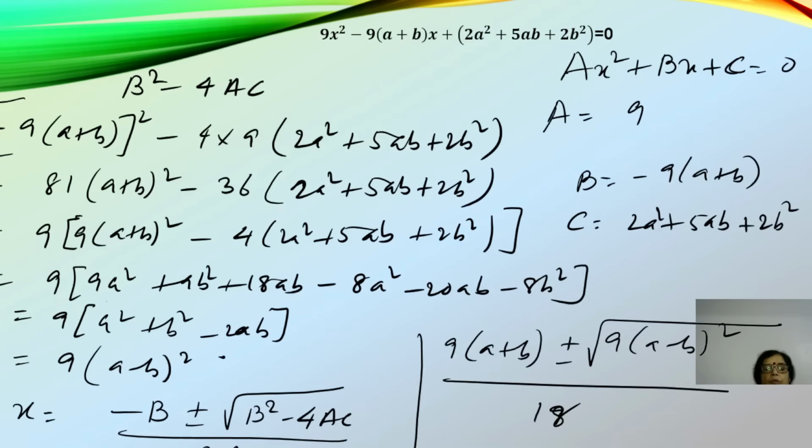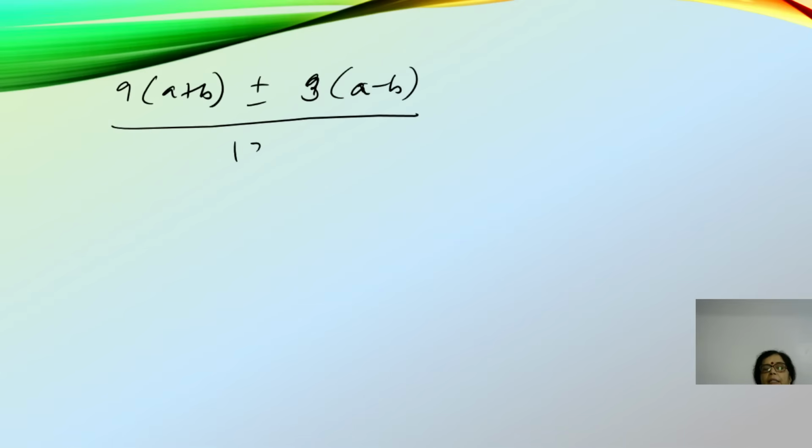So in order to get the solution over here, we are getting 9 into (a plus b) plus minus 3 into (a minus b), by 2 into 9, that is 18.